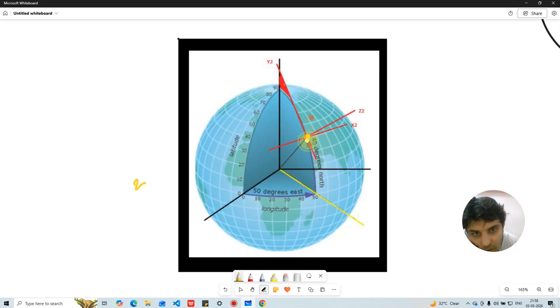This is the point that we need to find, and it's saying go 50 degrees east, then go 40 degrees north, and then go some distance.